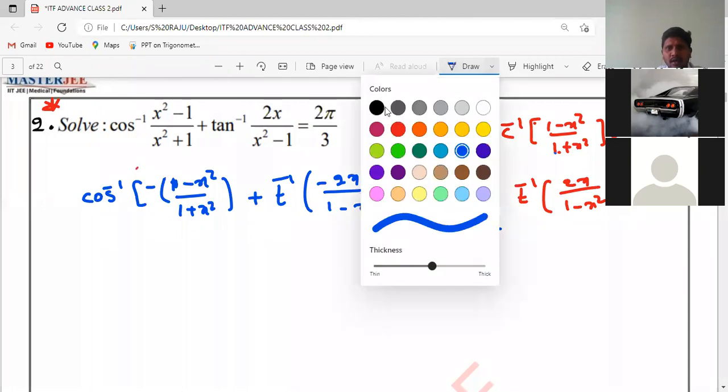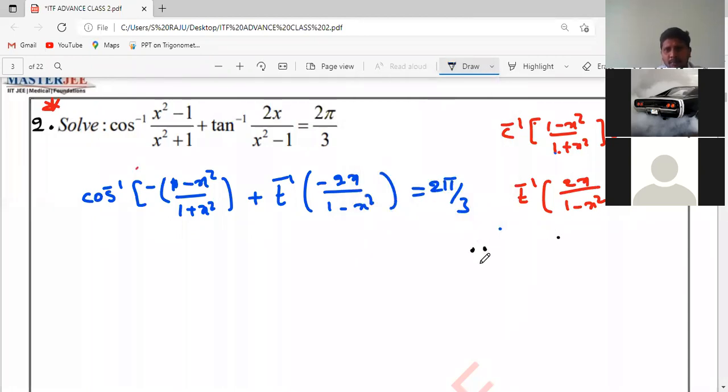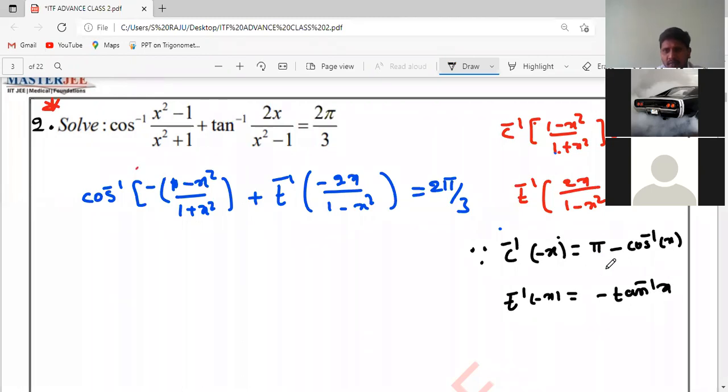Everyone remember: cos inverse of minus x is pi minus cos inverse of x. But tan inverse of minus x is minus tan inverse x.